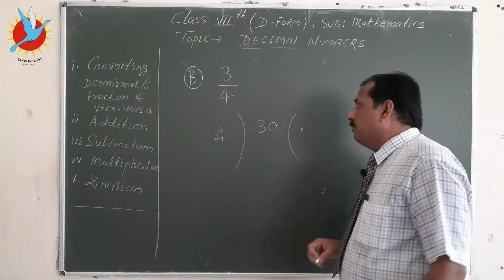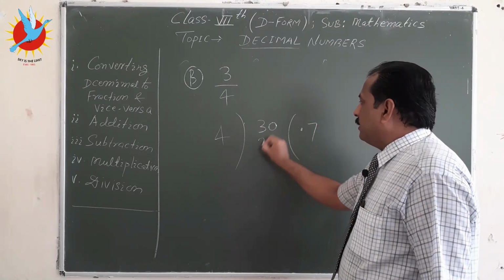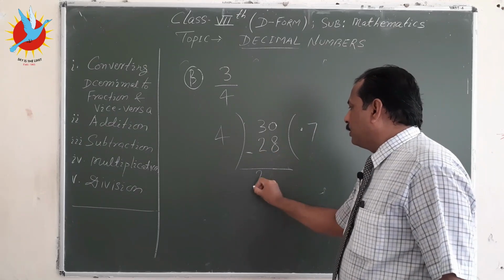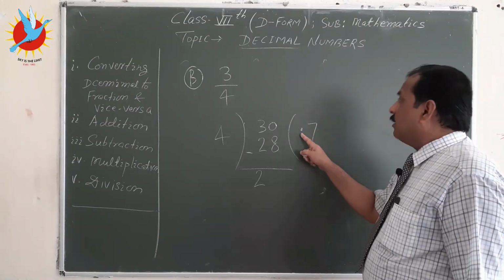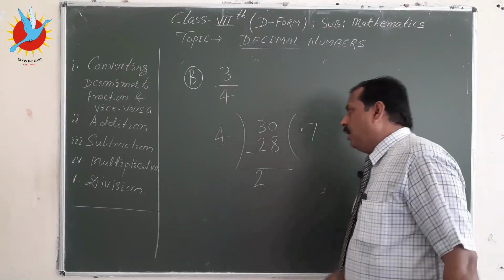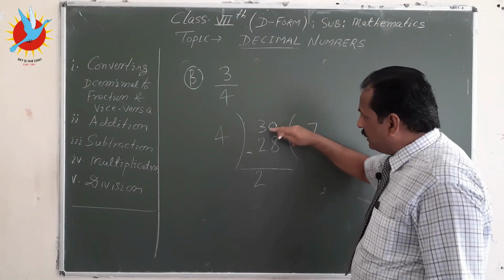Just like simple division, you divide: 4 7s are 28, and this you subtract, 28, you get 2. And again another rule, that after putting the decimal, whenever we need 1 zero, automatically we can get 1 zero, because there is no digit here.